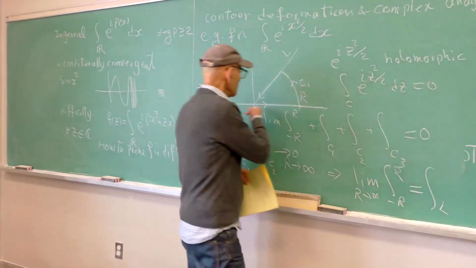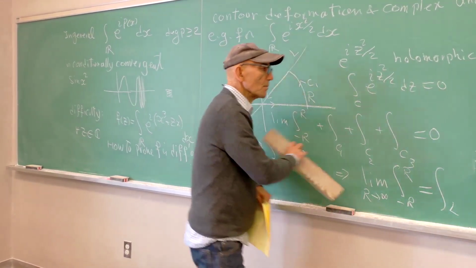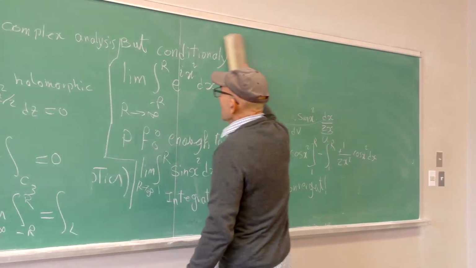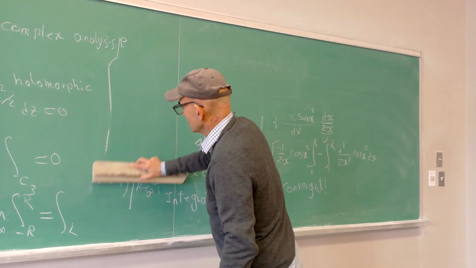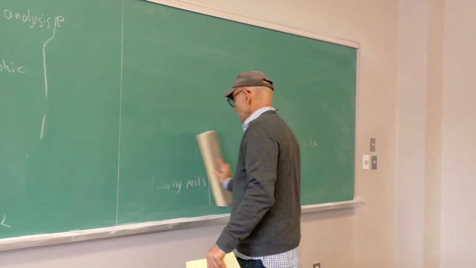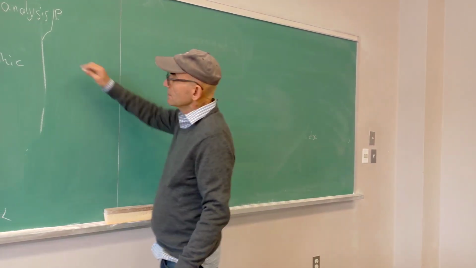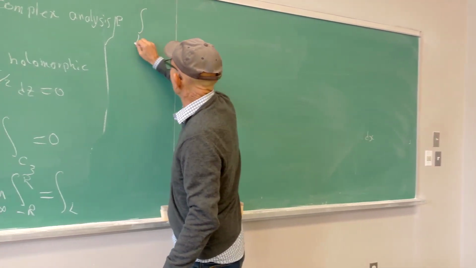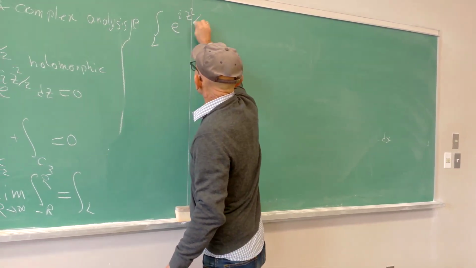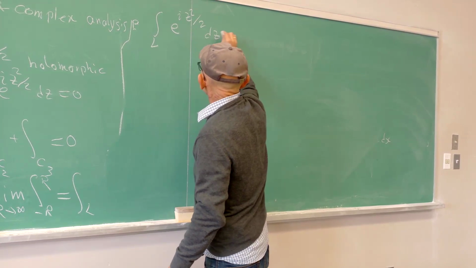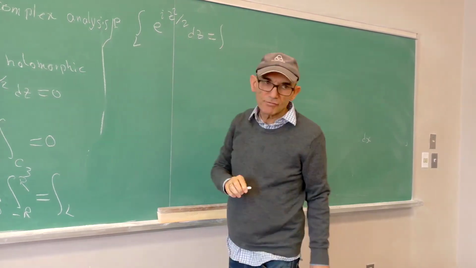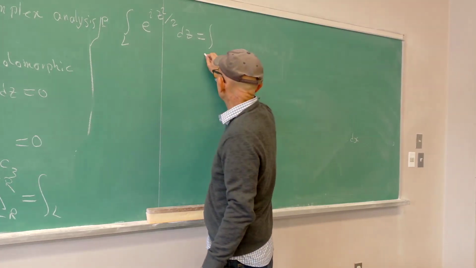So let's see what happens if you go over this line L. So the integral over L of exponential of i z squared over 2 dz is equal to, okay, the integral from minus infinity to infinity.